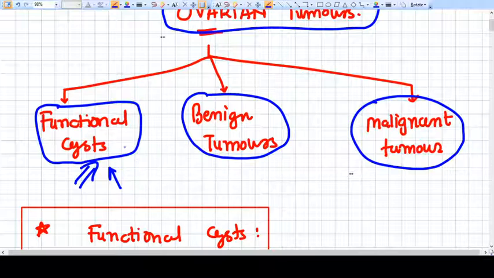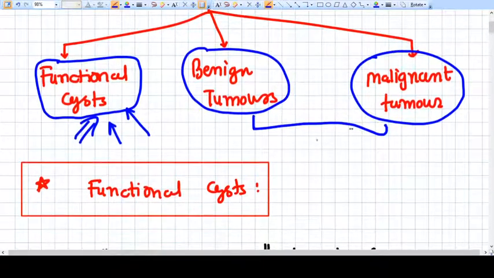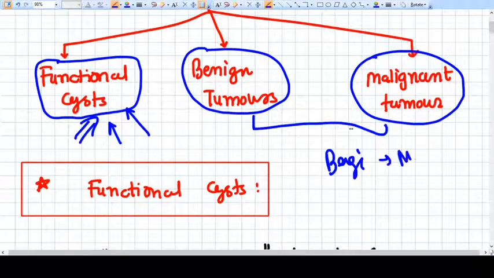So some amount of diversion from the normal function of the ovary can be called a functional cyst. Then comes the solid tumors. These are various kinds of tumors, but what is very important in ovary is that the same benign tumor can be converted into malignant tumor.